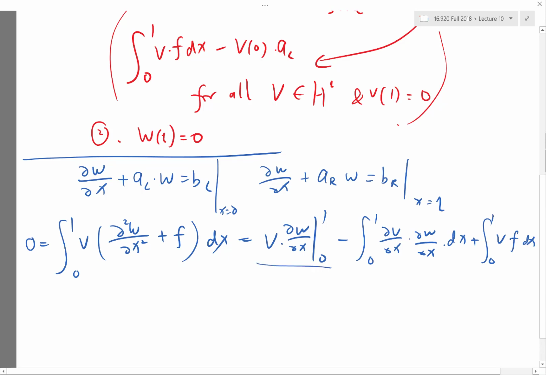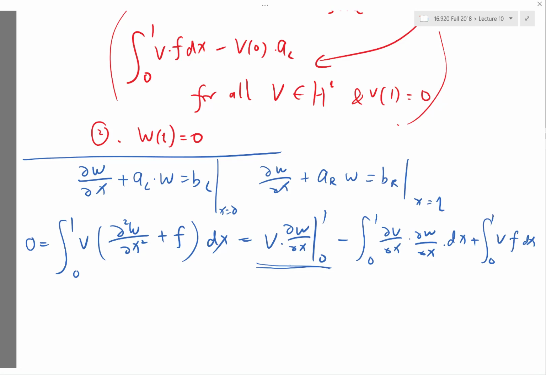Now, what can I do to that? It turns out I don't know dw/dx, and I also don't know v. So what can I do? Remember, the objective is to turn this into a symmetric form. So how can I make this non-symmetric term now symmetric?